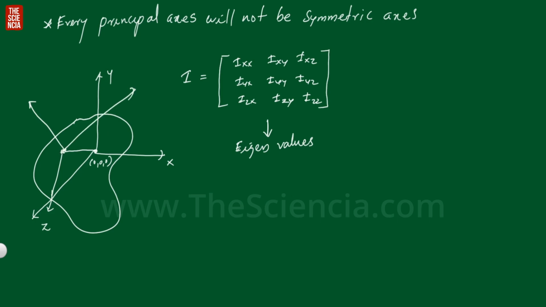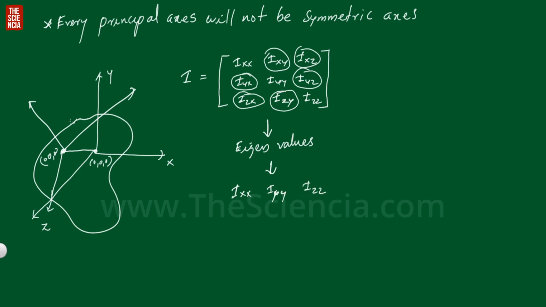So about this reference point and in this coordinate system, the cross terms, that is, these terms, the products of inertia, will cancel. So what exists is only the diagonal elements, and those diagonal elements are our principal moments of inertia, Ixx, Iyy, Izz.